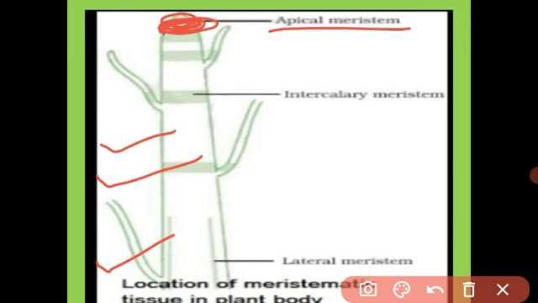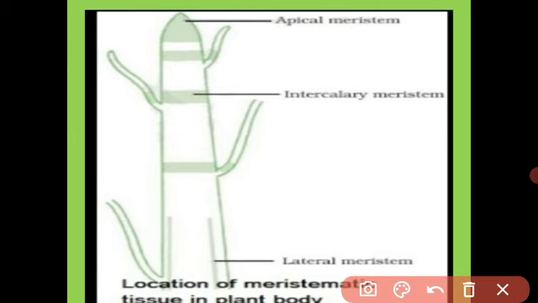Apical meristematic tissue is situated at the growing tips of the root, tips of the shoot, tips of the branches. Due to this apical meristematic tissue, plants lead to elongation. Got it? These apical meristematic tissues lead to the elongation of the plant.